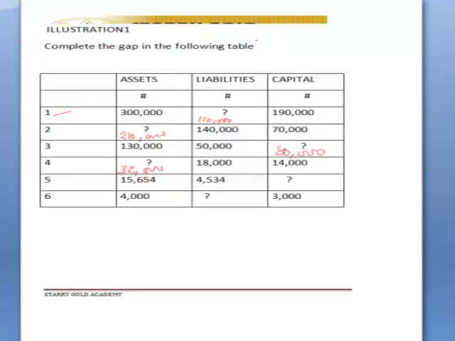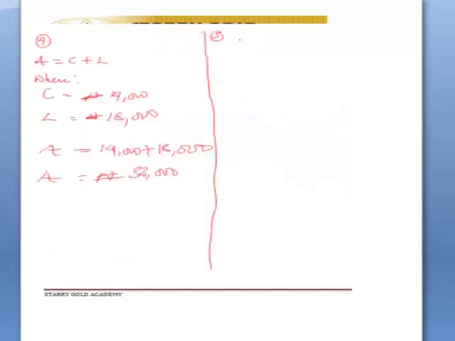We are looking for capital. So C equals A minus what? Minus L, where A is 15,654 and L is 4,534.